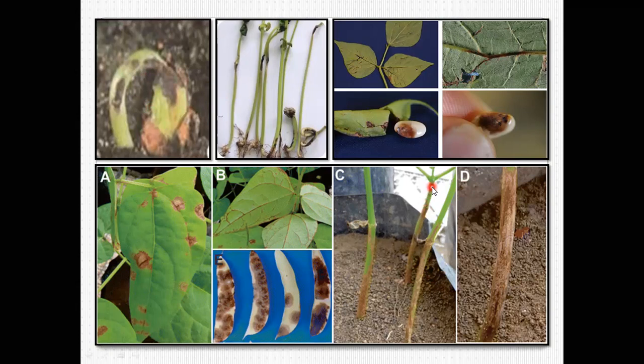All the aerial plant parts are affected by this fungus, except the roots. The most prominent and typical symptom is small brown to black spots on the cotyledons, so the cotyledons wither and dry. The infection girdles the cotyledons as well as the collar portion of the young seedlings, so the young seedlings wither and die.